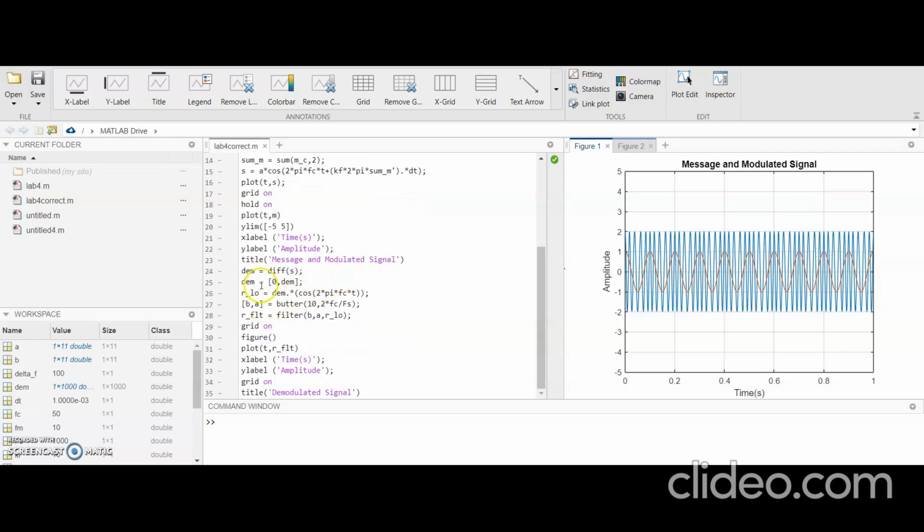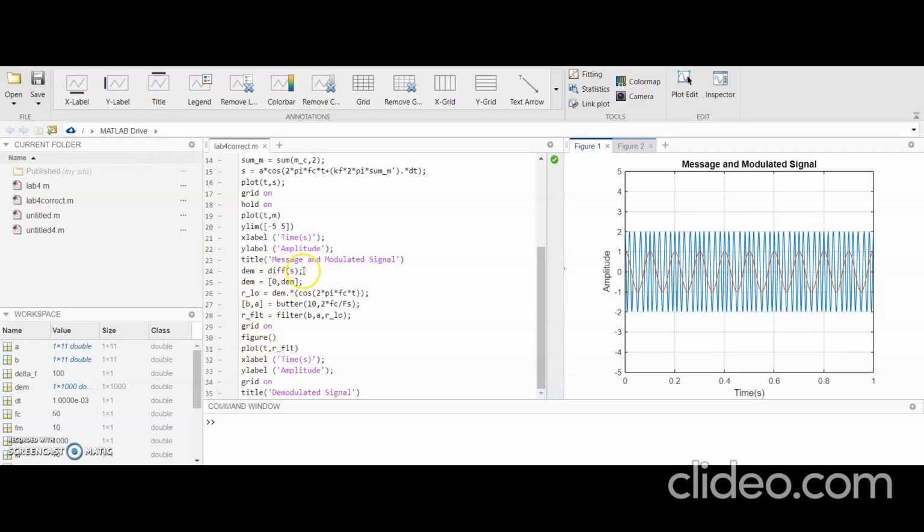For the demodulation part, first we use the differentiation command, and the DEM equal to bracket 0 comma DEM is used to equalize the length of the vector of the differentiator result.